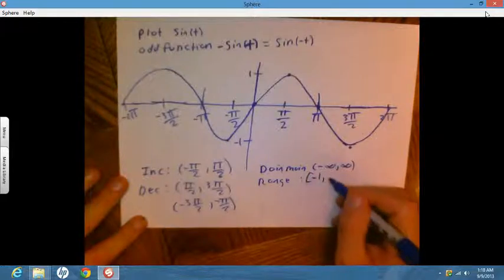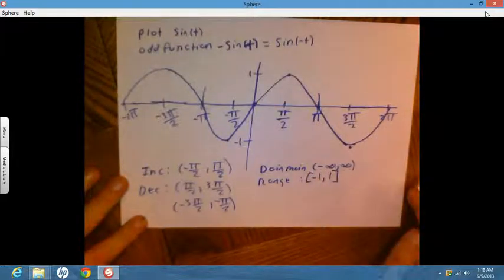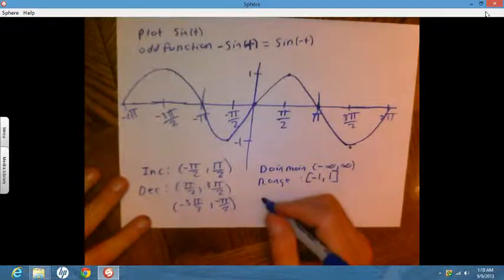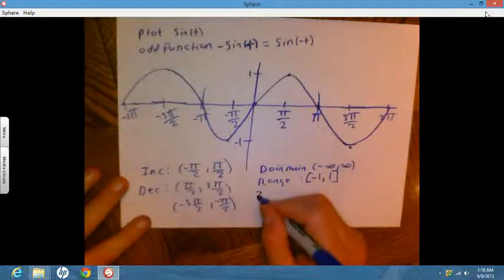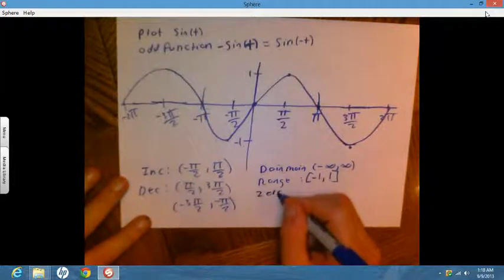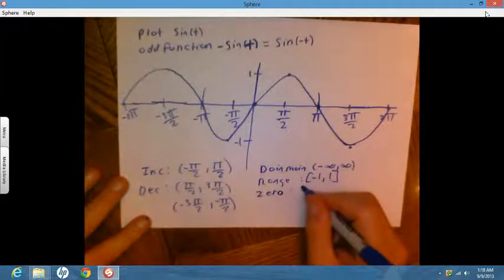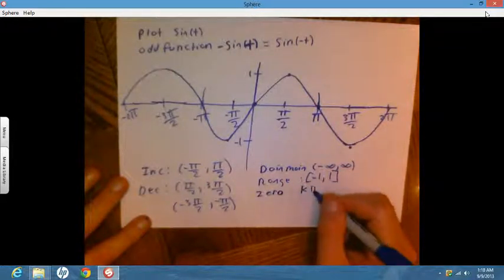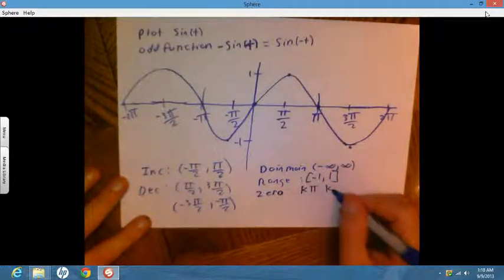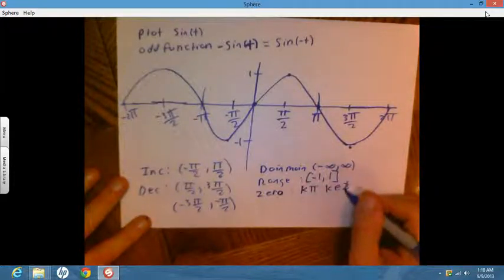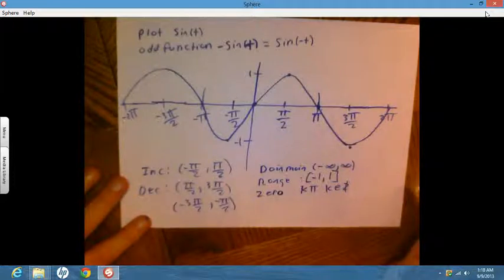And the zeros are going to occur at multiples of pi, where k is an element of the integers. This is some integer. Negative 1, negative 2, 1, 3, 5, anything like that. Okay, and those are general properties. I believe those are also all the properties it gives you in your book.